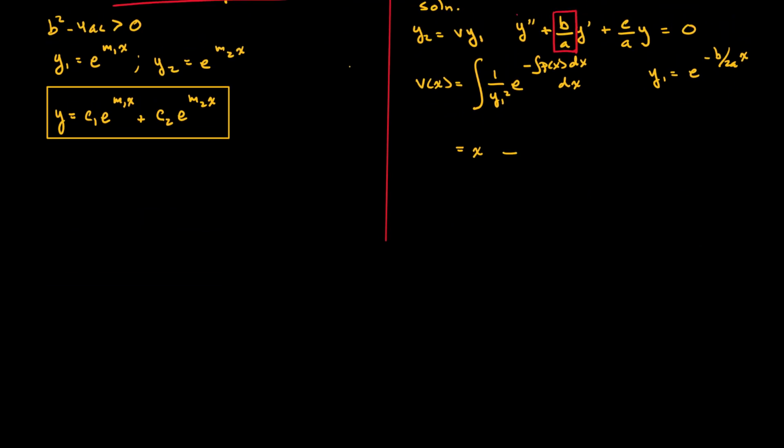So this tells us that y2 is equal to v multiplied by y1, and that is equal to x e to the negative b over 2a x.